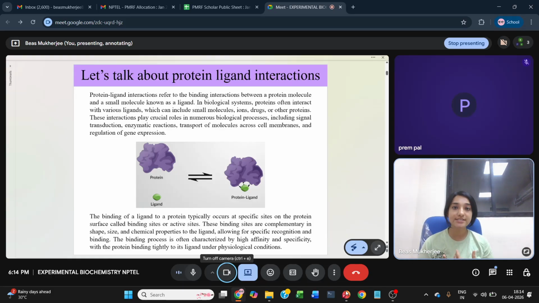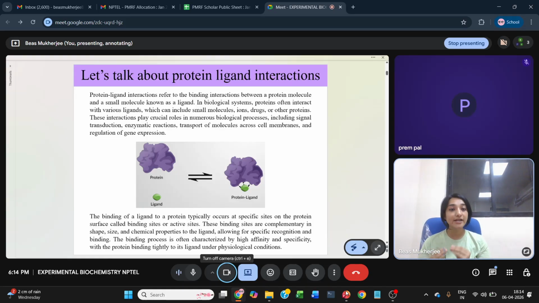In biological systems, proteins often interact with various ligands, which can include small molecules, ions, drugs, or other proteins. These interactions play very important roles in numerous biological processes, including signal transduction, enzymatic reaction, transport of molecules across the cell membranes, regulation of gene expression, etc.